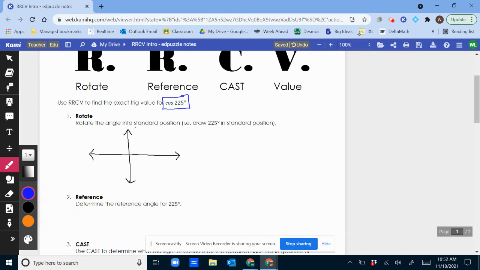I know that 225 is bigger than 180, yet less than 270, so 225 has to be in quadrant 3. I'm going to draw my angle starting with the initial side and then opening up into that third quadrant, 225 degrees. So the first R stands for rotate. Basically, rotate out that angle or draw it in standard position.